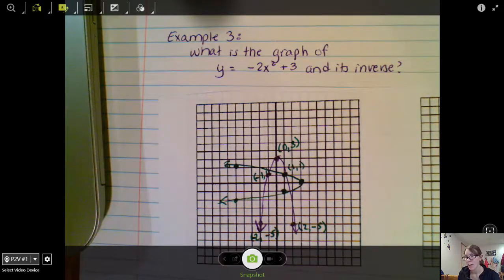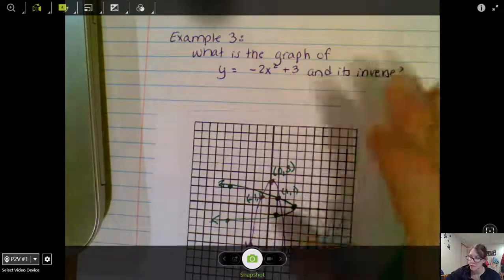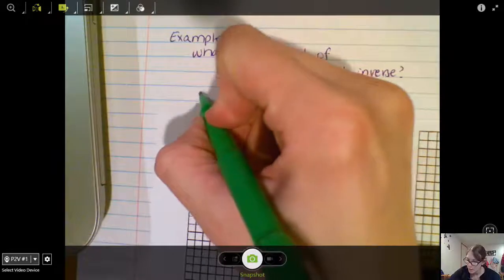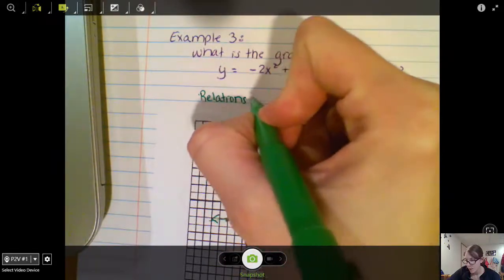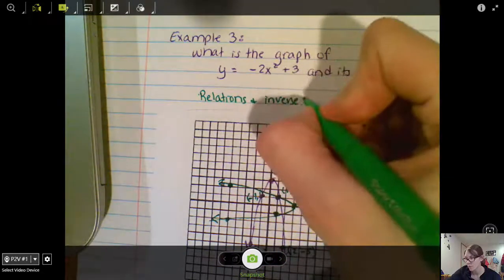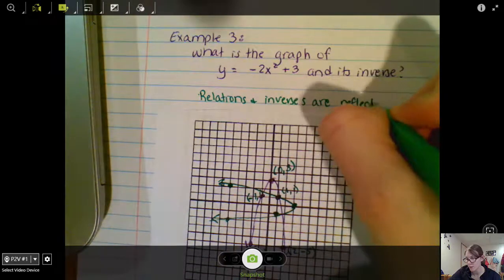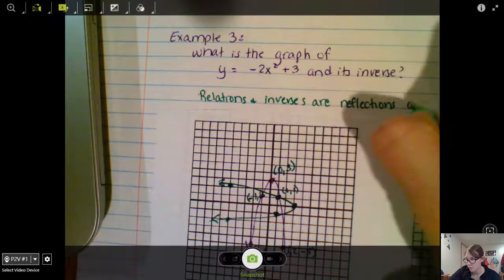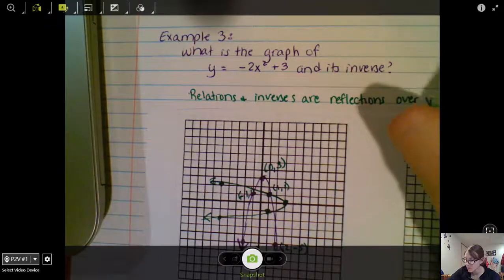One other thing about inverses is that a relation and its inverse are reflections over the line y equals x.